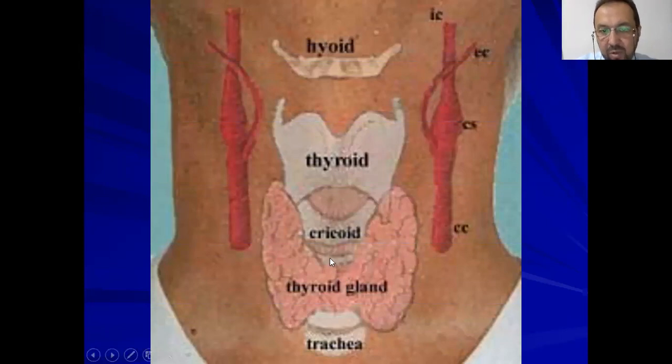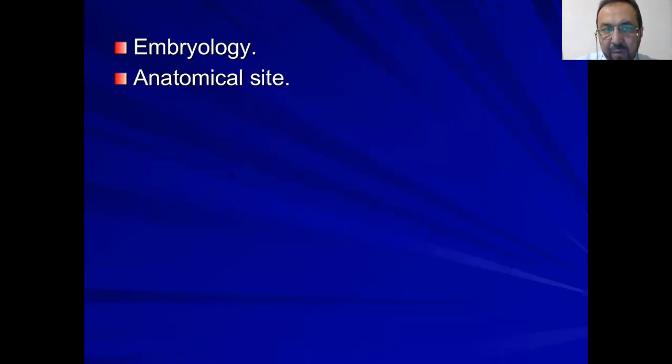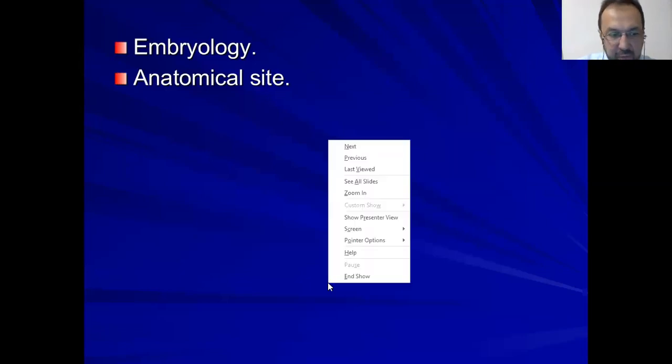Its upper pole comes near to the oblique line of the thyroid cartilage, and it goes down to the sixth tracheal ring, formed of two lobes, while the isthmus corresponds to the second to fourth tracheal rings. However, in more than 50% of cases, we have as well a pyramidal lobe.